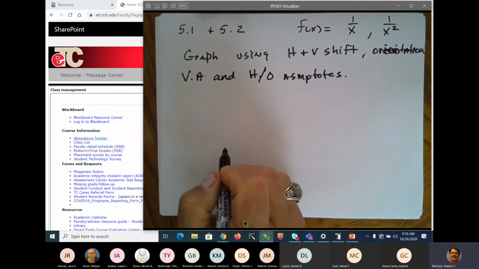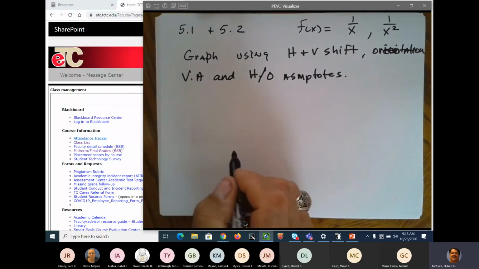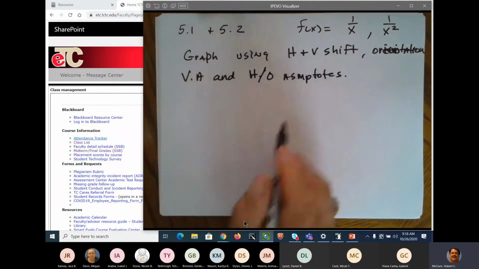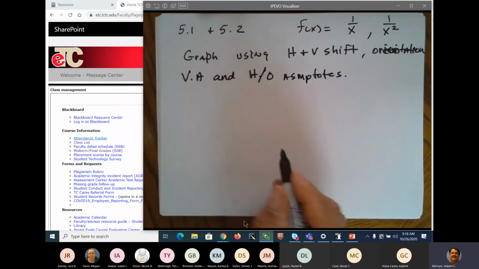Okay, we didn't do oblique because there wasn't one in the homework, but anyway, that's basically what we did in 5.1 and 5.2.